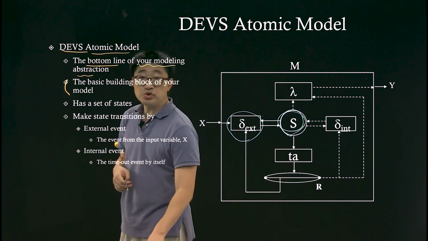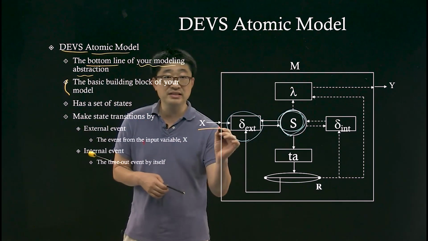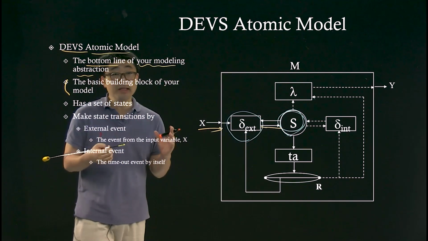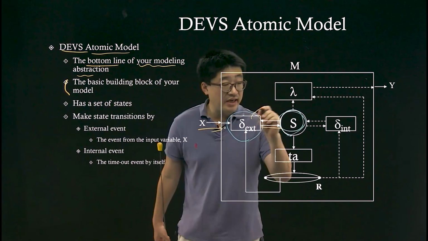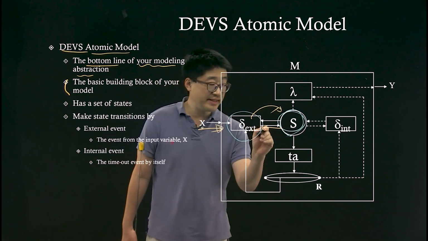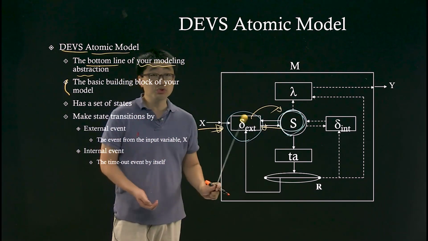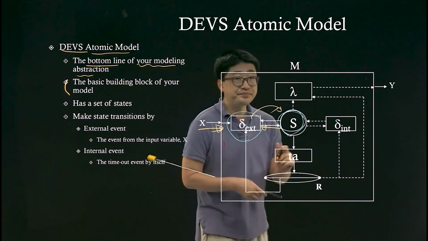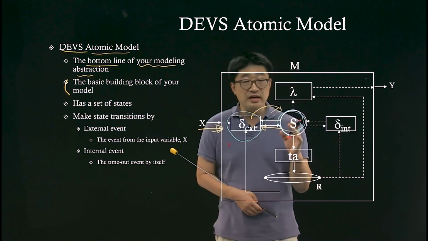The external transition is an event transition coming from X and from S, and it creates the next-time state S. So X and S come in, and the next S comes out. That's the external transition function, right? And here, S and internal come in.